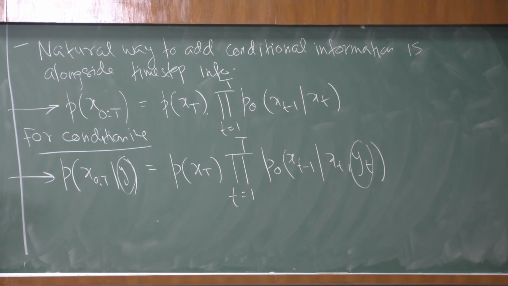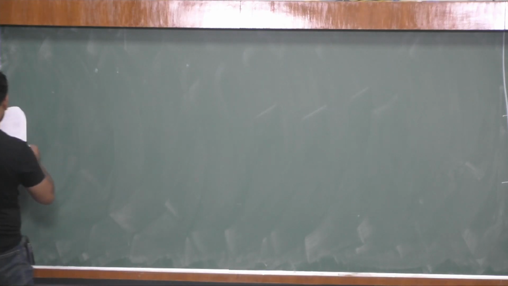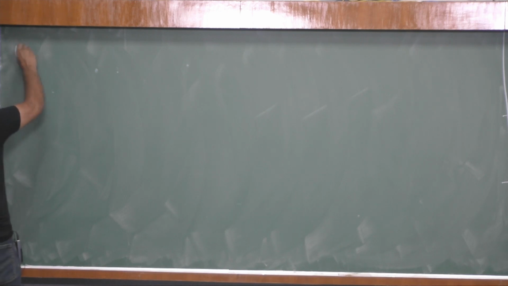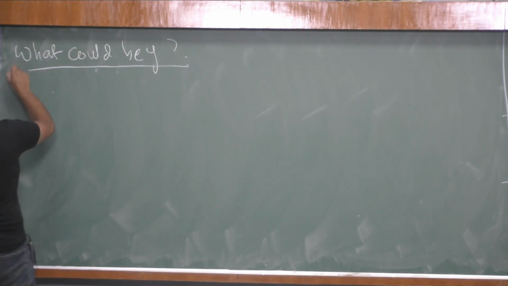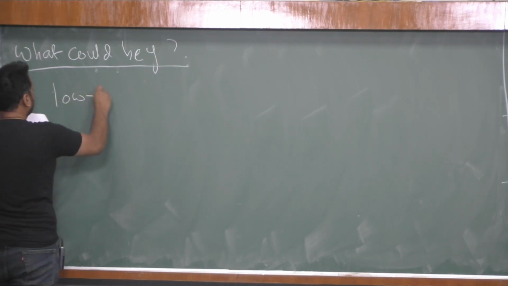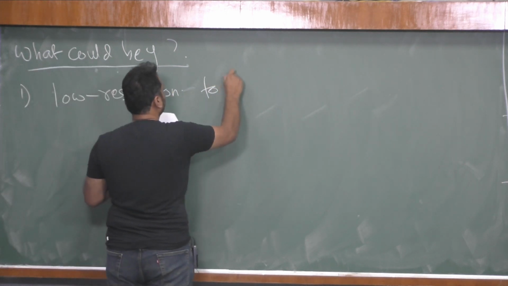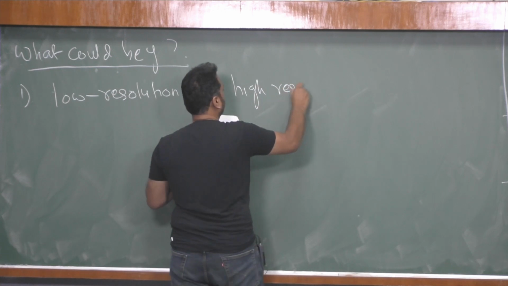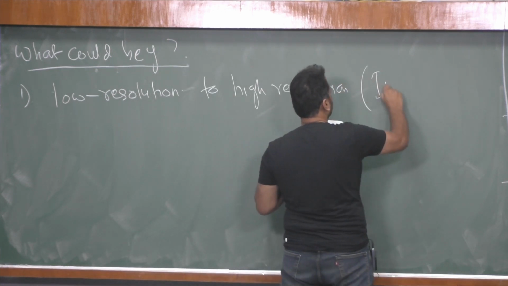So what could be the applications of this? What could be y? That's the general question we are asking. This could be, let's say, low resolution to high resolution, which is called image super resolution.